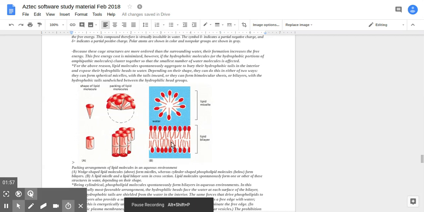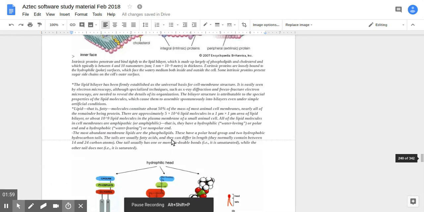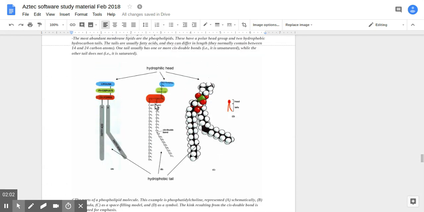So we saw the structure of the molecule, and usually it has one fatty acid tail next to another. One is usually just a straight chain, which is called saturated, and the other one is a kinked chain, which is called unsaturated, because it contains a double bond in the chain, causing a kink in the fatty acid tail.